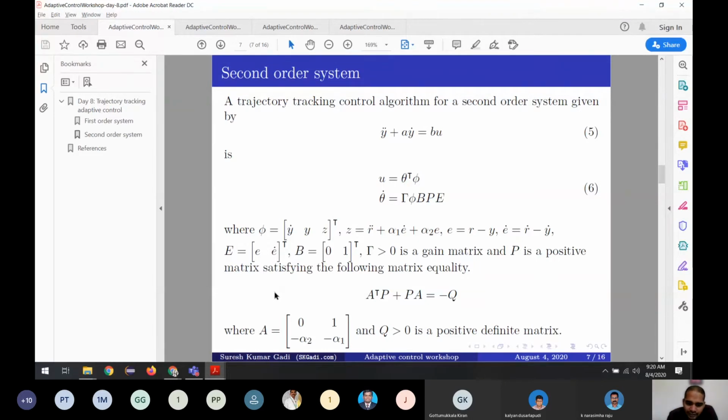Okay, so how do we calculate P? We know what A is, and we don't know P and Q, but we know P and Q are positive matrices.